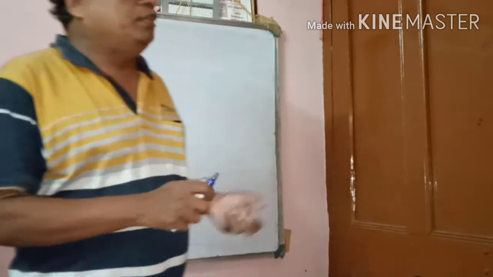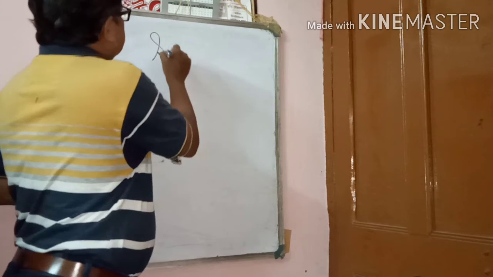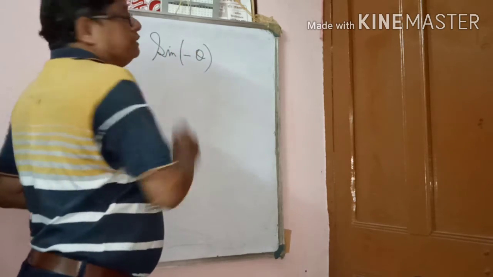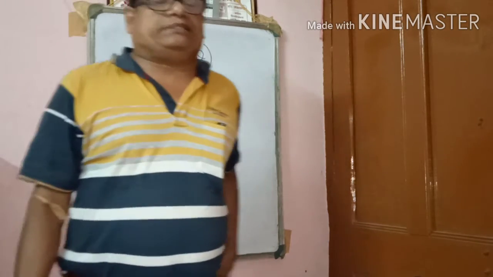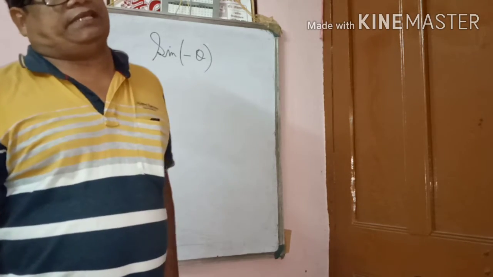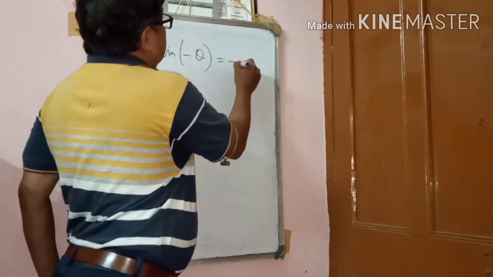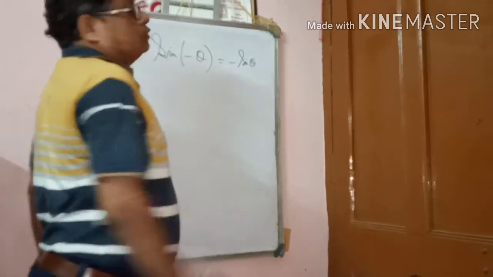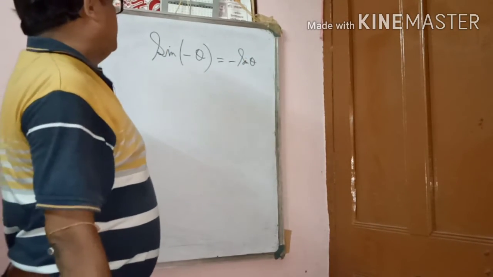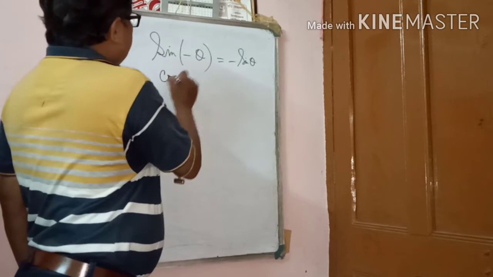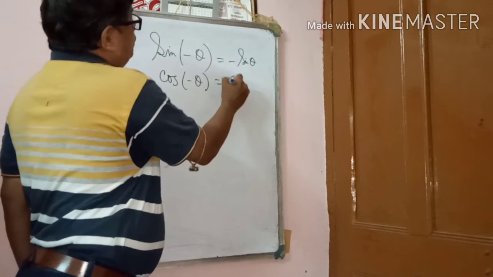Suppose sine minus theta. If we write sine minus theta, what is the value? Sine minus theta will be minus sine theta. And cos minus theta, it will be cos theta.